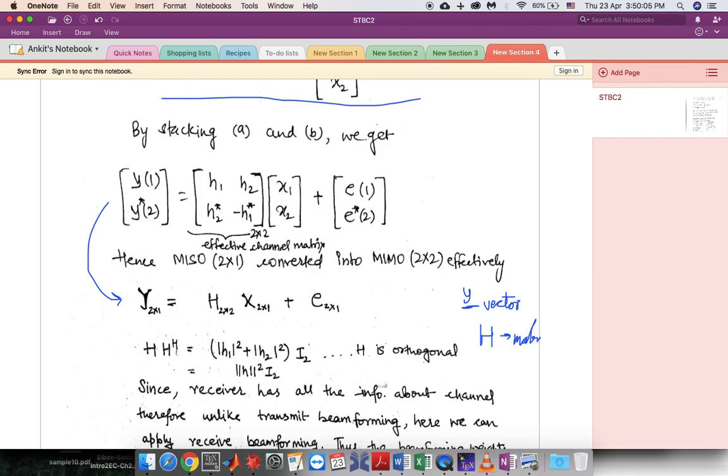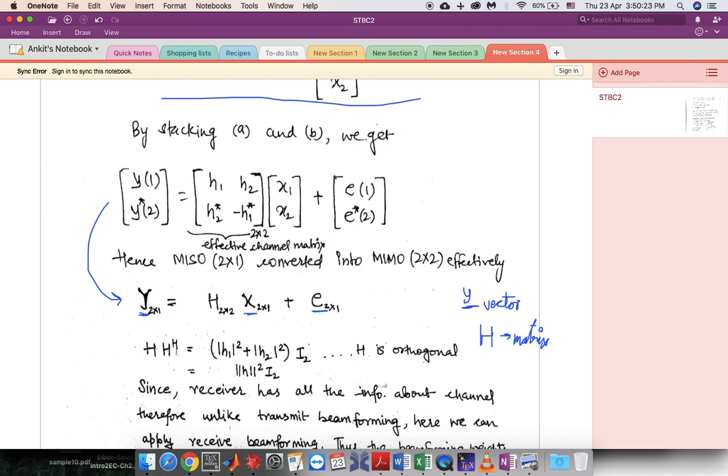So we can put a bar here, here, and here as well. These are vectors and this is a matrix.